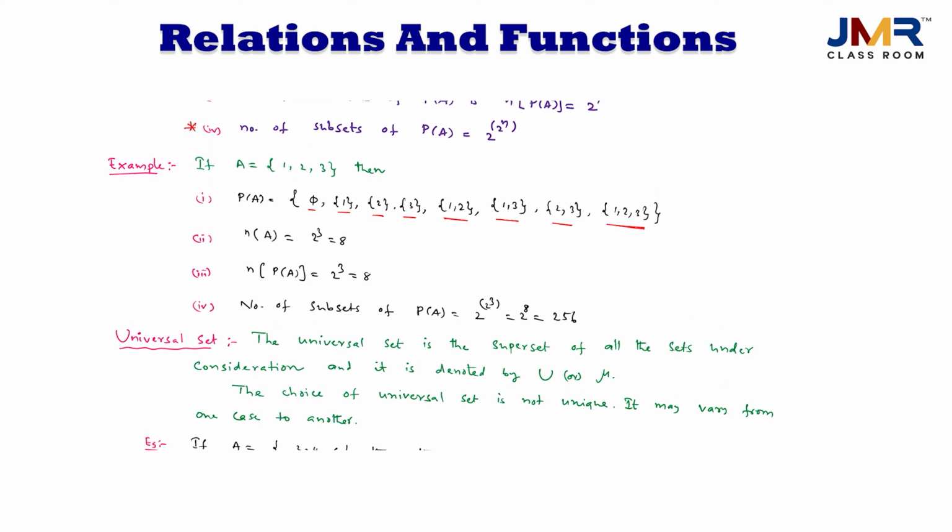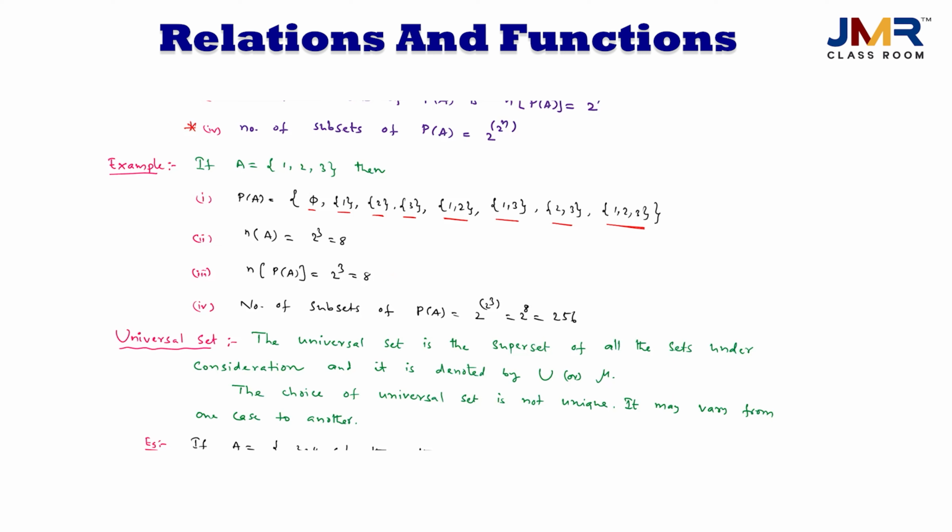See, n of A equals 3, then number of elements in P of A is 2 power 3, 8 elements. See, 1, 2, 3, 4, 5, 6, 7, 8. n of A equals 3, n of P of A is 2 power 3. Number of subsets of P of A, 2 power 2 power n, is the formula.